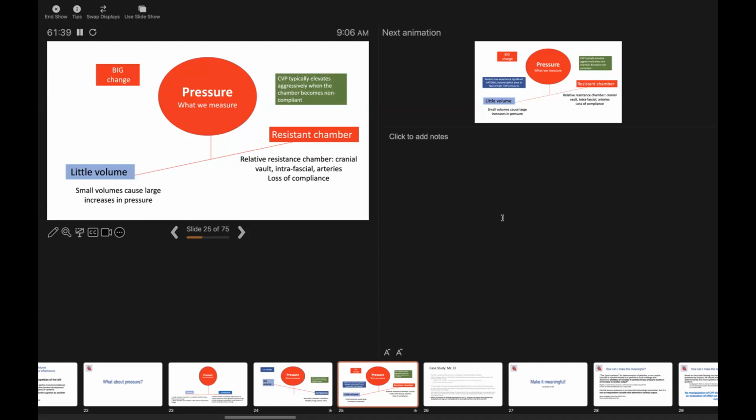CVP is probably going to be the most common method for you, and on your exam, the most common method of evaluating ventricular efficiency. When CVP is up, do you have volume in your veins? Yes. Because your ventricle cannot accept the volume. And typically, the reason is you have lost ventricular compliance.